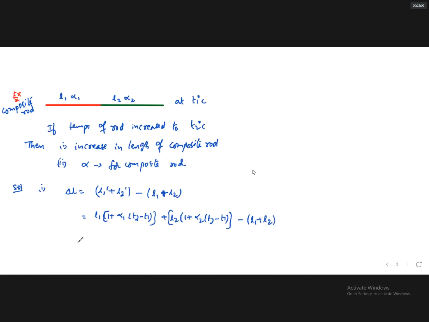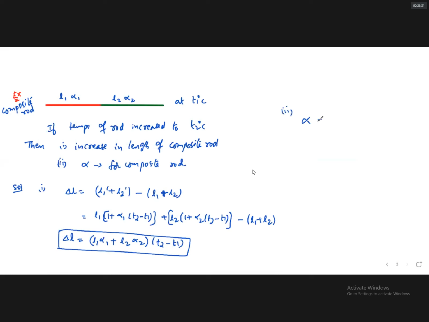So the first terms get cancelled. Upon simplification, L1 alpha 1 plus L2 alpha 2 into T2 minus T1 is the increase in length of the composite rod.